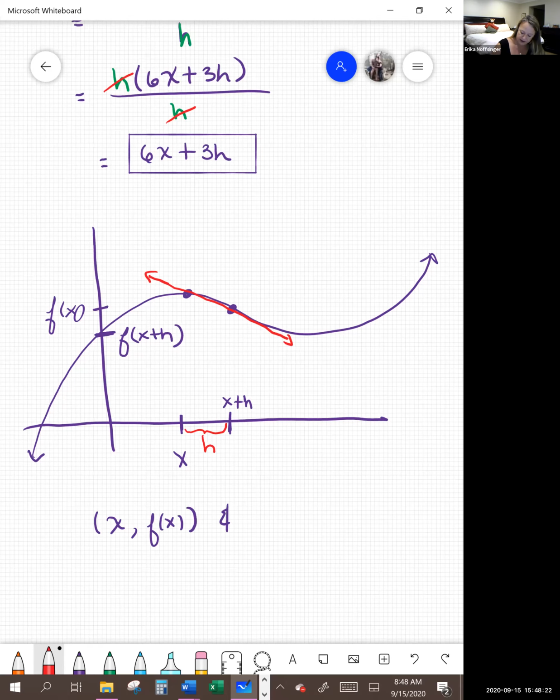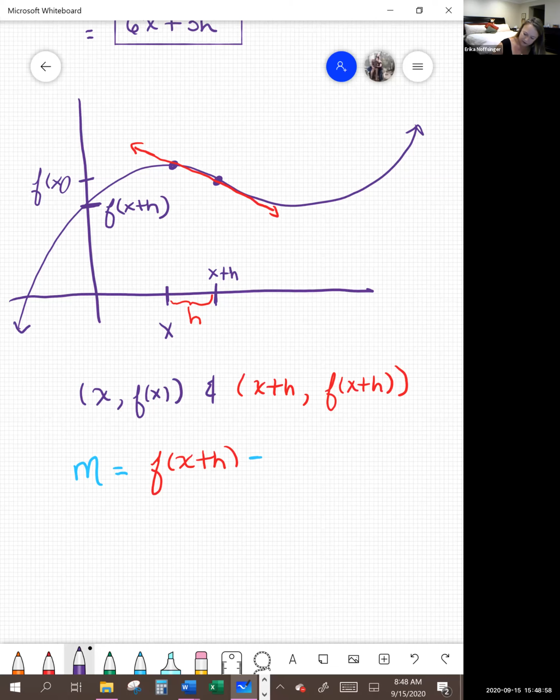The slope is the change in y, f of x plus h minus f of x, over the change in x, x plus h minus x.